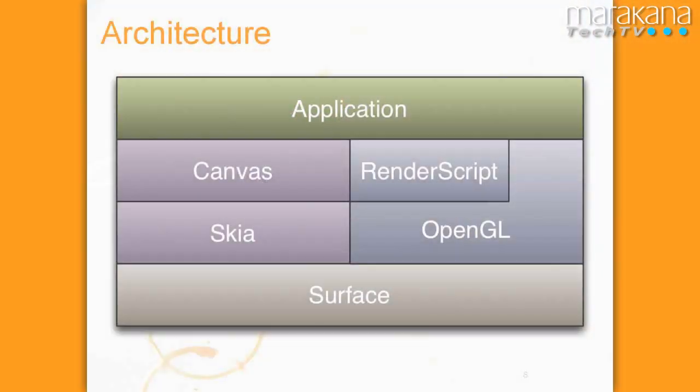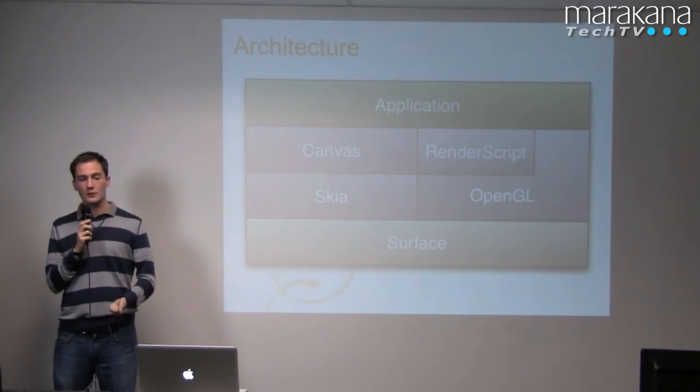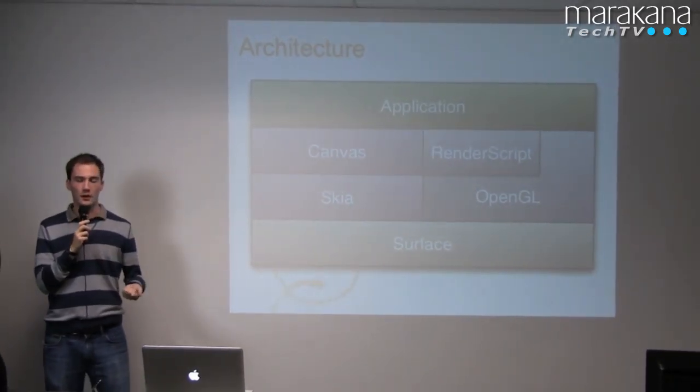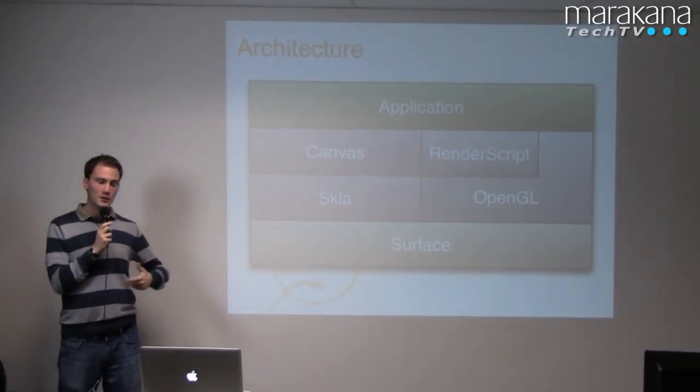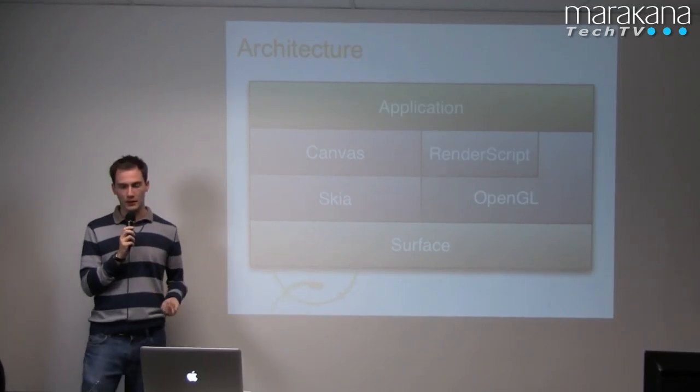So this is the basic graphics architecture of Android. On top, of course, you have your application, and you will have 3 different ways of rendering stuff on screen. You can use the canvas, like we talked about, and the canvas relies on Skia, our 2D drawing library. Or you can use RenderScript, and RenderScript itself for now relies on OpenGL. It doesn't have to run on OpenGL, but this is currently the implementation.